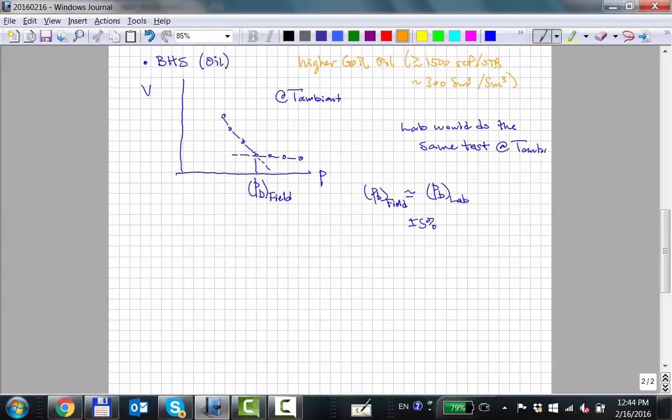So what you would see is that this line would go something like this. Maybe the bubble point could be in here somewhere. We don't know what it is.